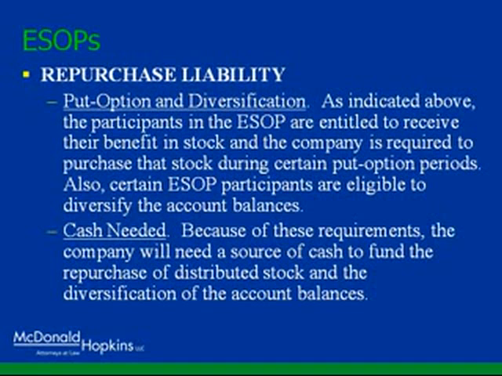Since an ESOP primarily holds only company stock, and oftentimes has cash in the account as well, it has to seek the cash from somewhere. So either there's cash in the ESOP that was previously contributed by the company, or there were other assets in the ESOP because when the transaction was originally done, there was another profit-sharing plan or 401k that was merged into that ESOP.